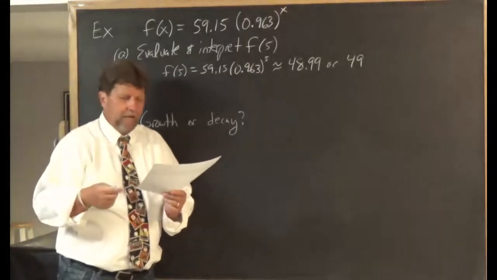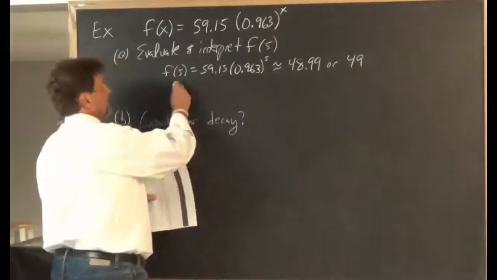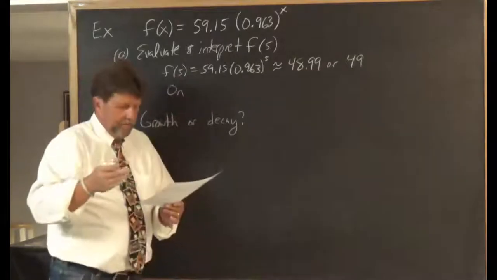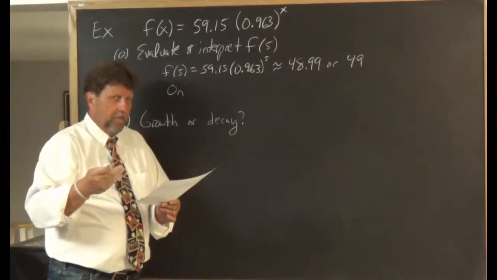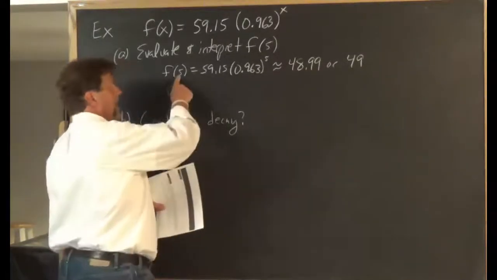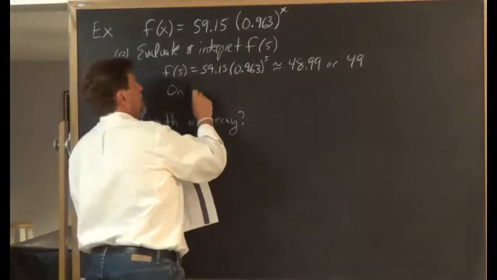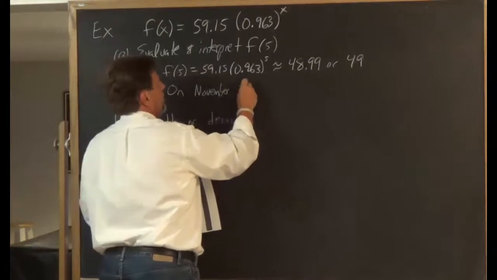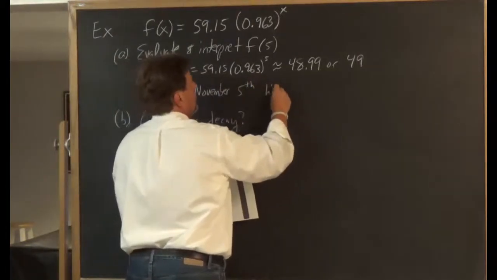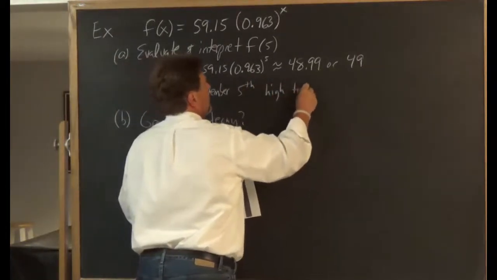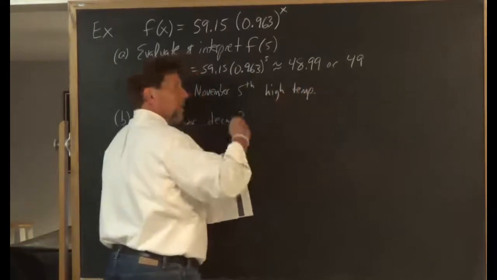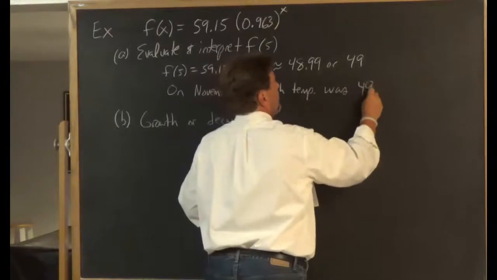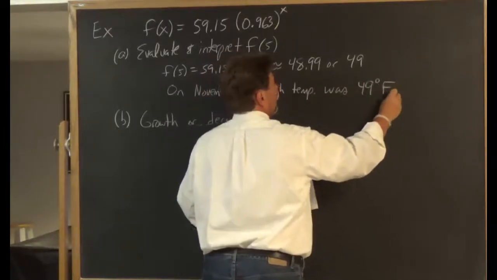So in the interpretation, I would say, okay, so that's the number of days since October 31st. So 5 would make this November 5th. So on November 5th, the high temperature in Salt Lake City, Utah was 49 degrees Fahrenheit.